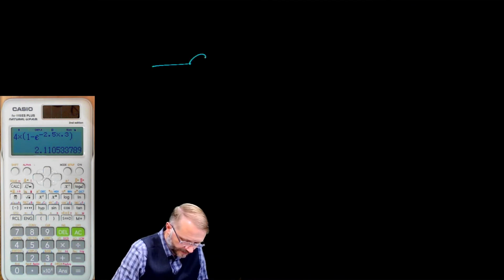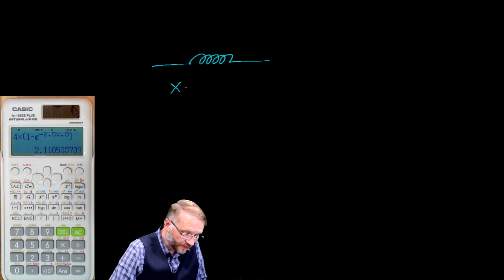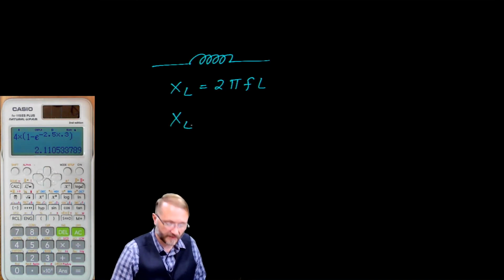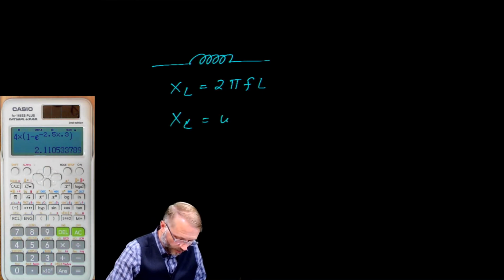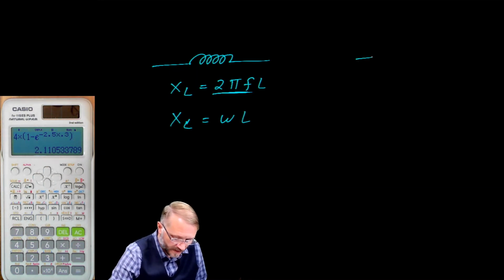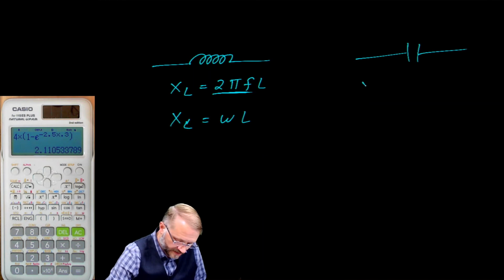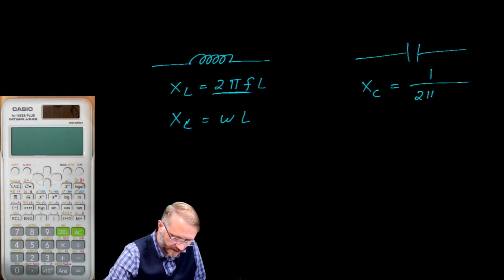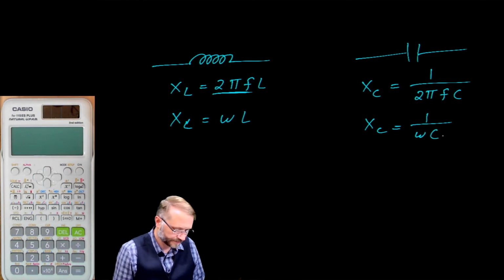For the inductor, we would say the reactance is equal to 2 pi FL. You could also say that XL, which is the reactance of the inductor, is equal to omega L, because 2 pi F is omega. For the capacitor, you would say the capacitive reactance is equal to 1 over 2 pi FC, or simply 1 over omega C.